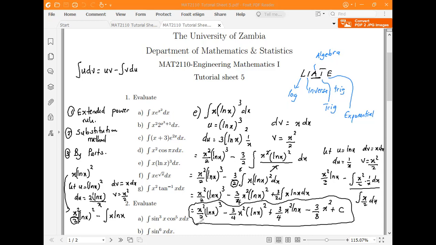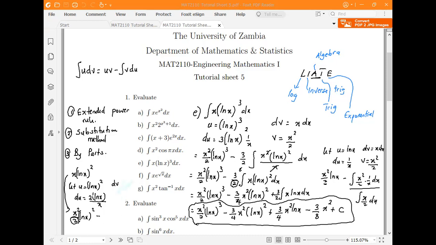Okay, so follow through again because this one was quite involving. Try to follow through and see how it happens.